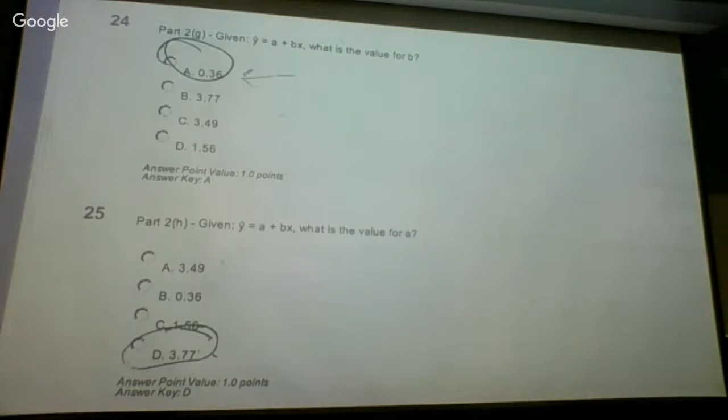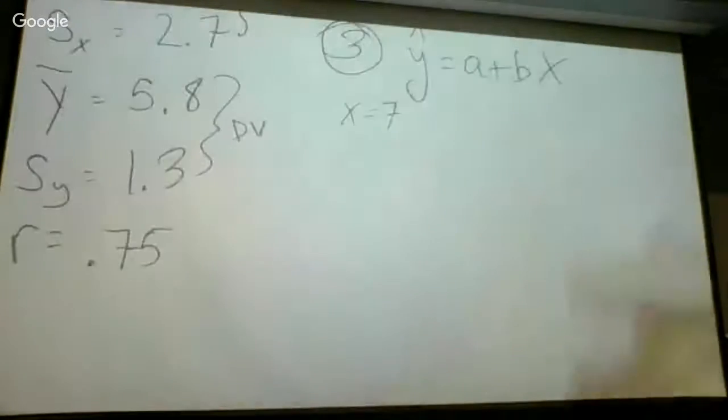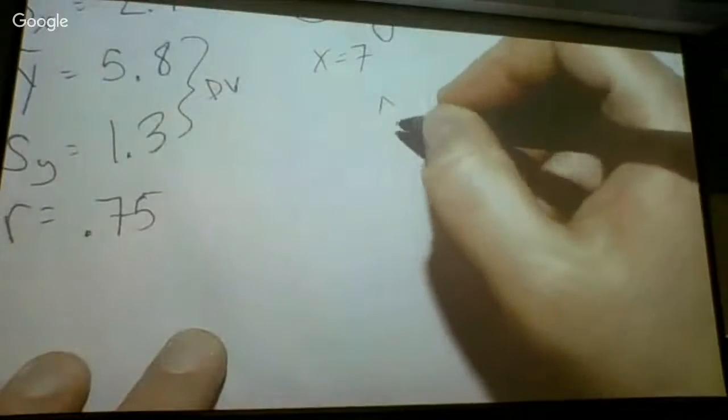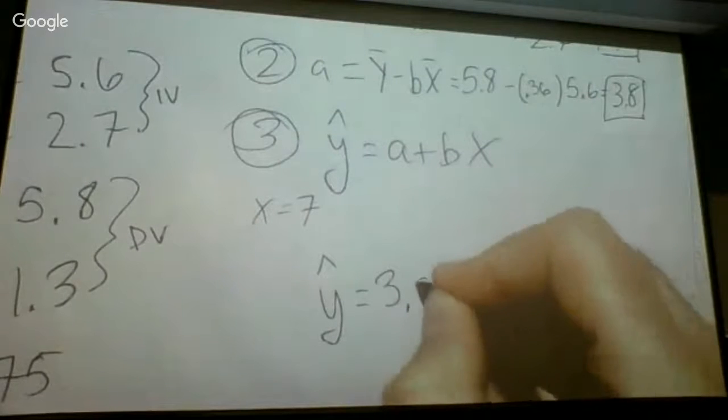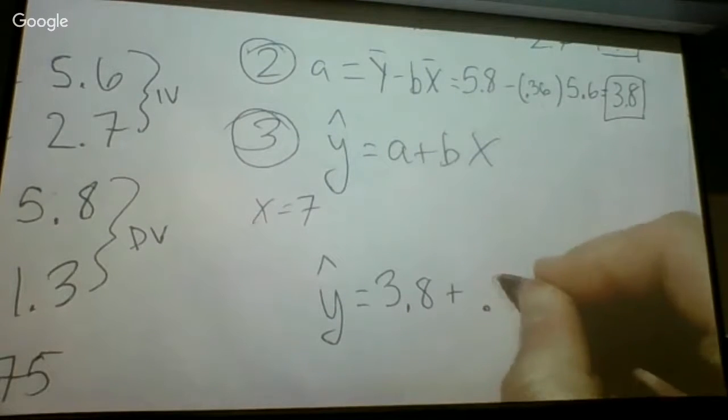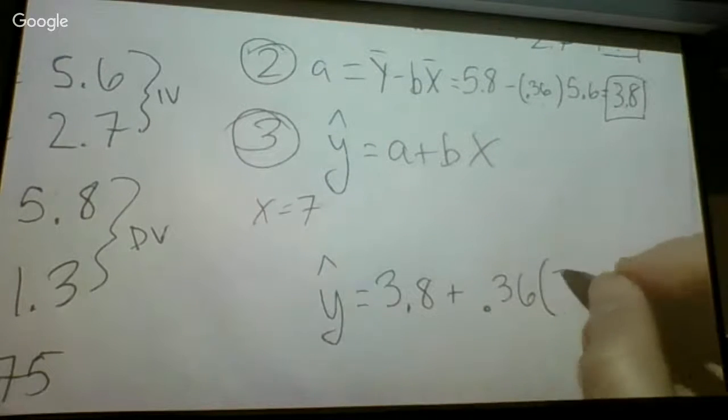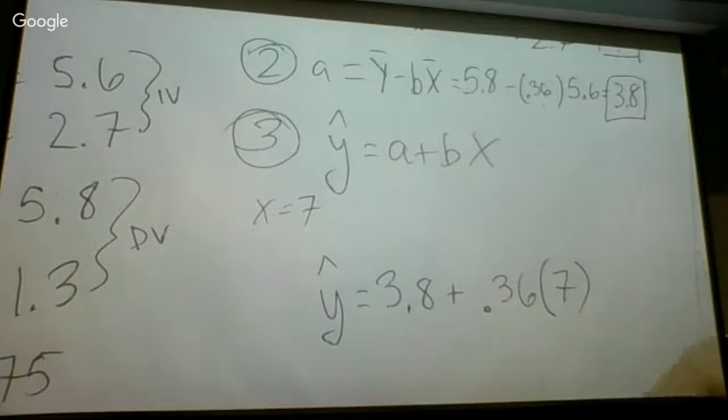Now we've got to come up with y hat if x equals 7. Y hat equals a, which is 3.8, plus b, which is 0.36, times x, which is 7. That gives 2.52, so 6.32. That's what I got. What do you get?